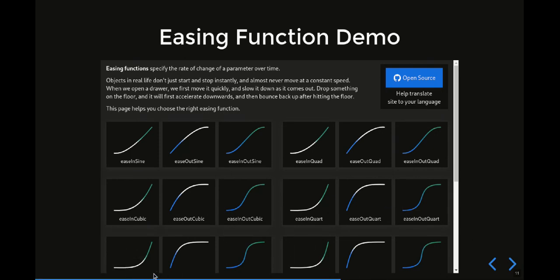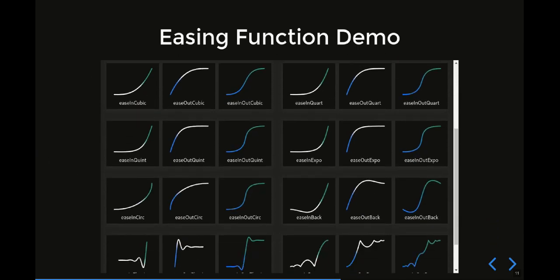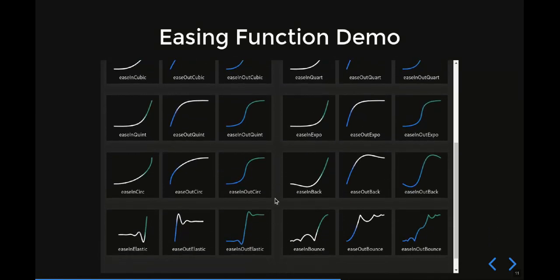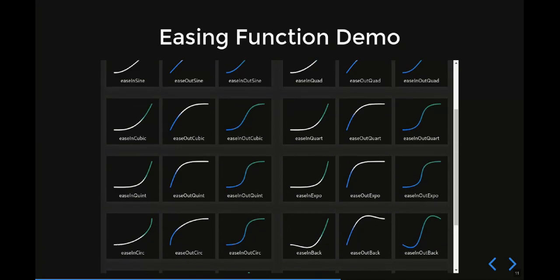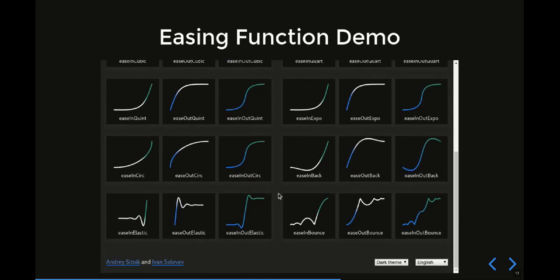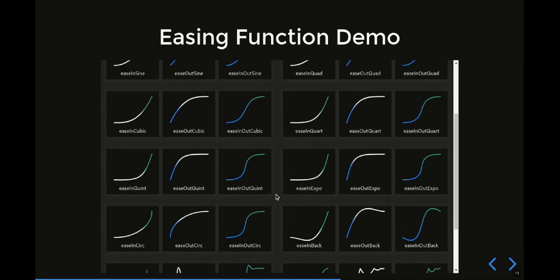If you're following along, you can also do this with me. Each one of these curves represents the time and intensity of the property that's being changed over that period. So these are all easing functions, all related to ease in, ease out, ease, or ease in and out.